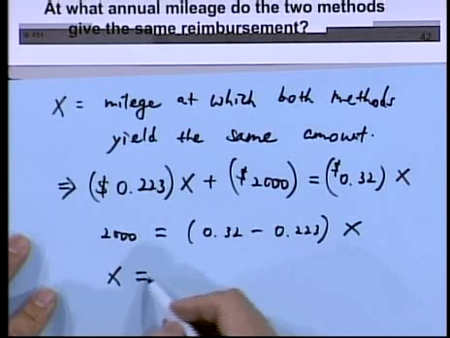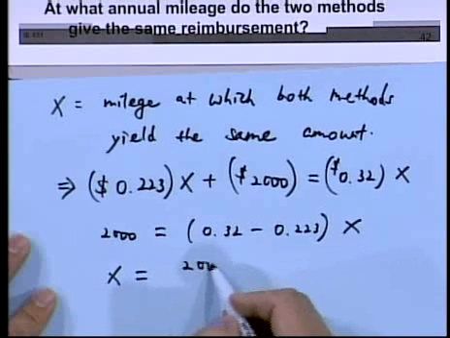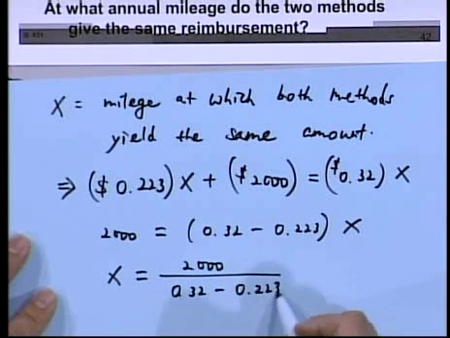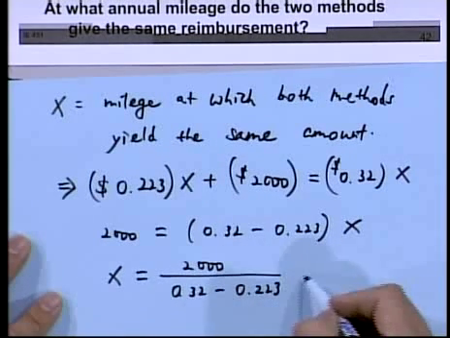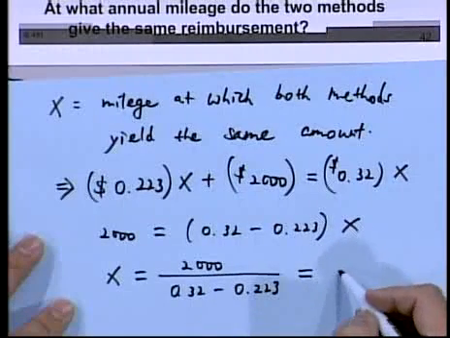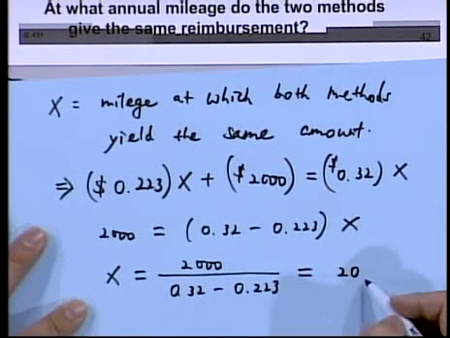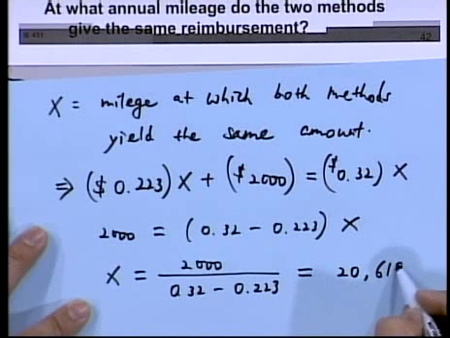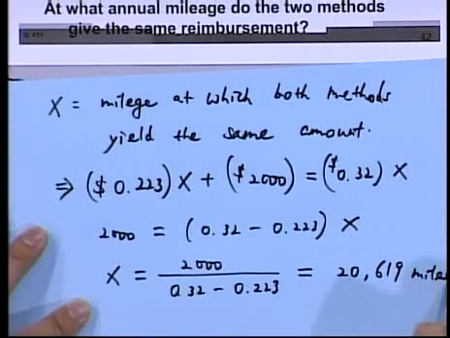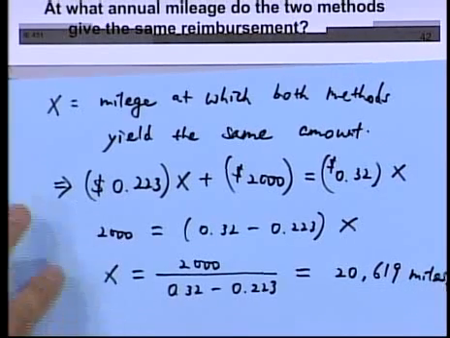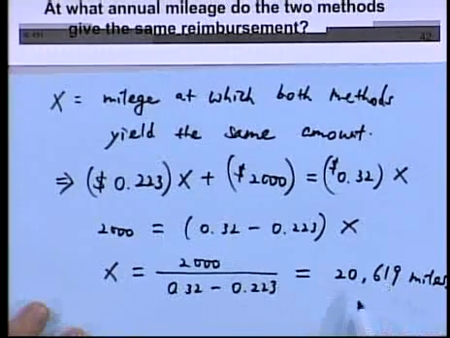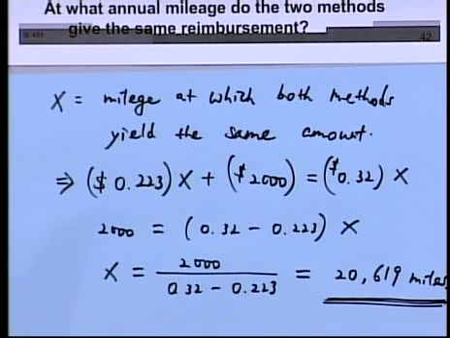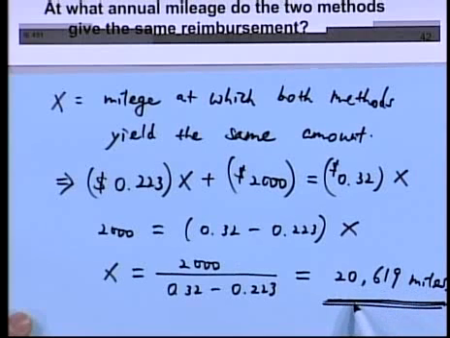And so X would be 2,000 divided by 0.32 minus 0.223. This is 20,619 miles. Okay? So at these miles, both methods provide the same reimbursement. Okay?